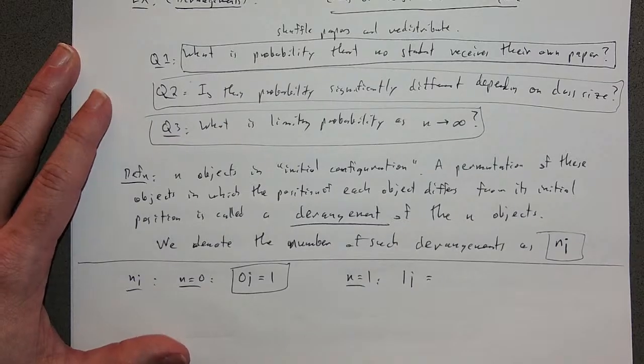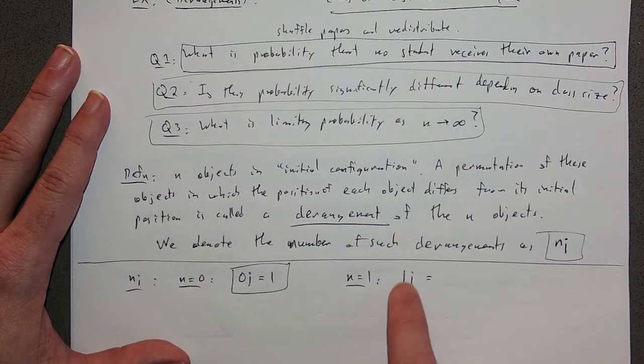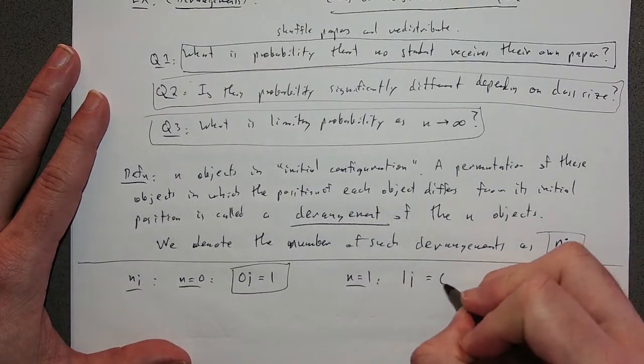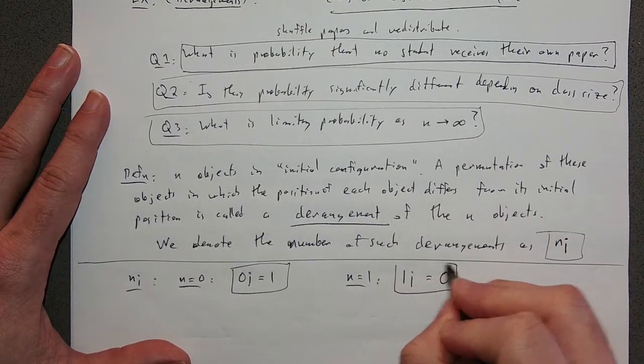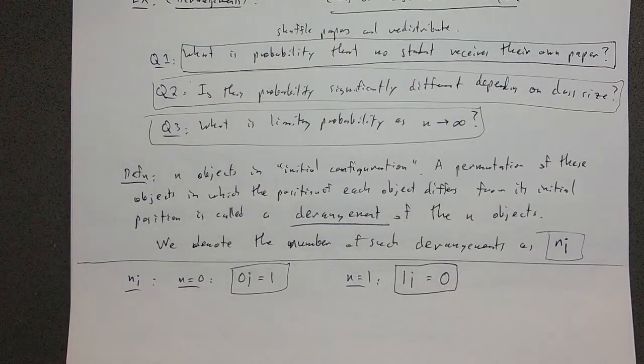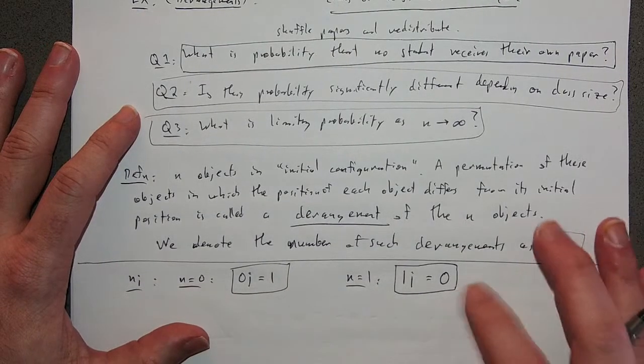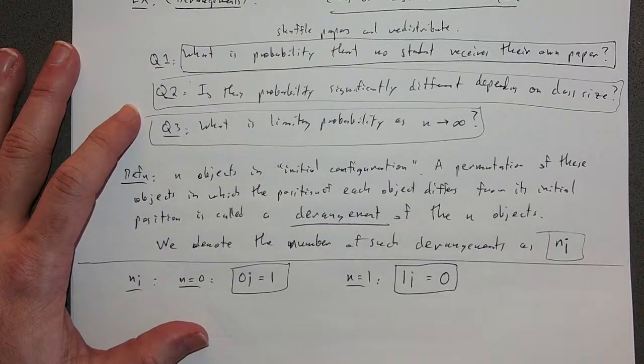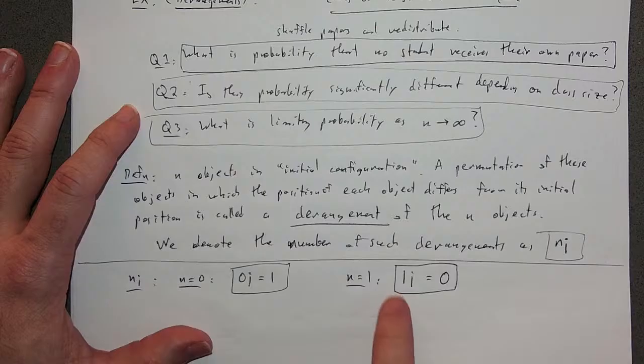There is no arrangement of that one object that differs from its initial position. So the number of derangements of a single object is actually 0, because it's impossible to permute the objects in a way that does displace the object, or leaves it in a position other than its original position.